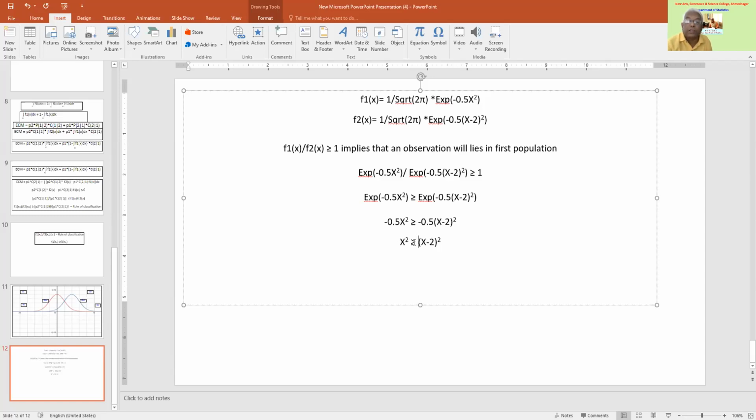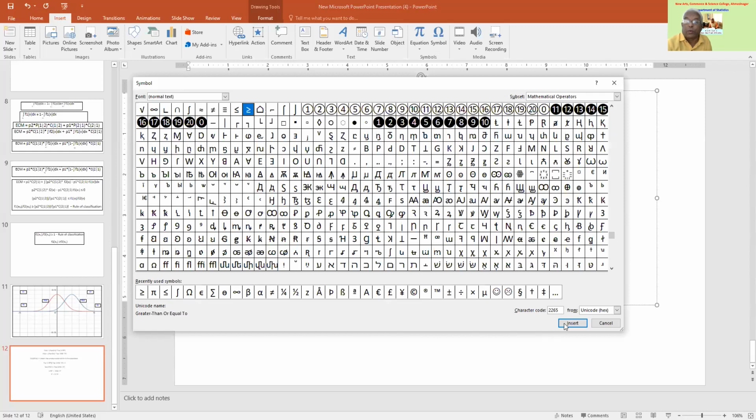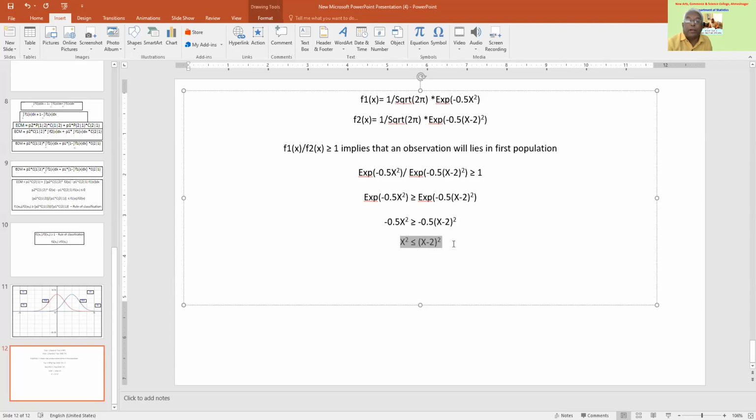So using my mathematical knowledge, I can write this inequality will change and it will become less than or equal. And if I square this, it will become x square minus 4x plus 4.